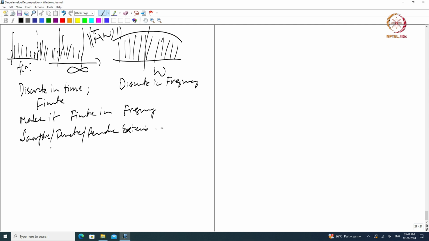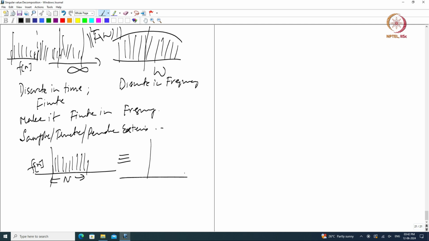So, finally, I am going to have this. I have discrete finite f of n is equivalent to discrete finite f of omega magnitude squared.